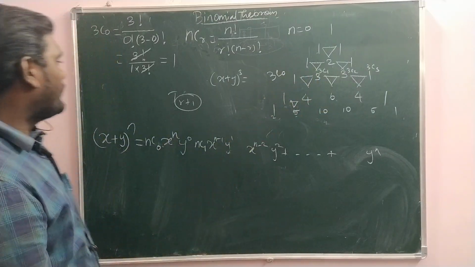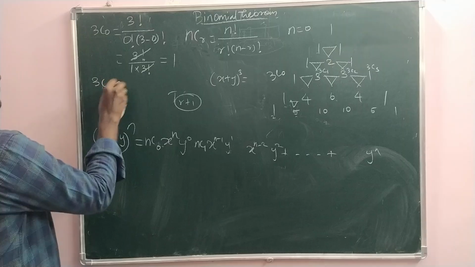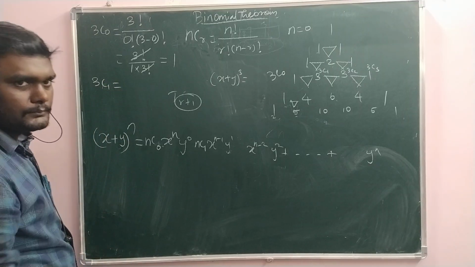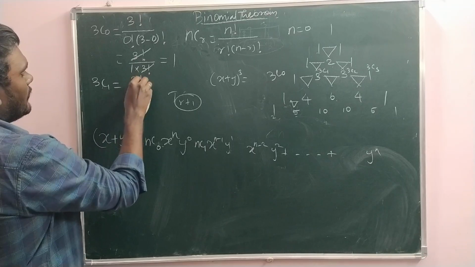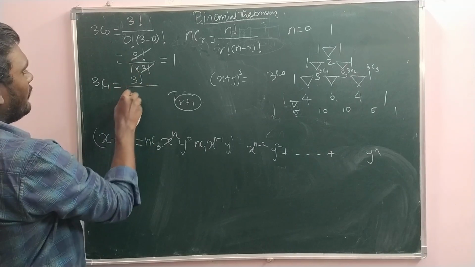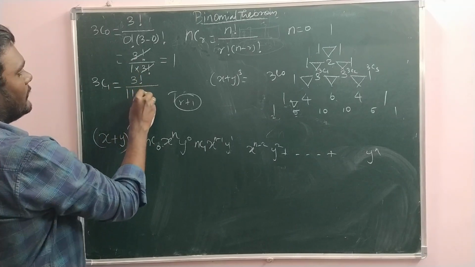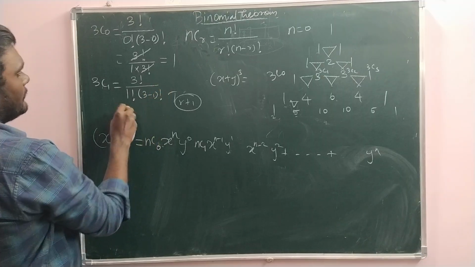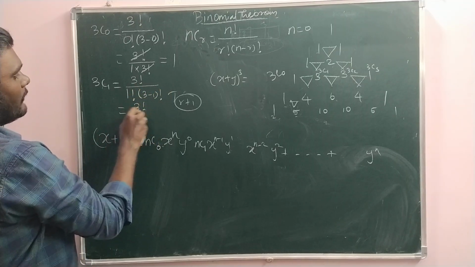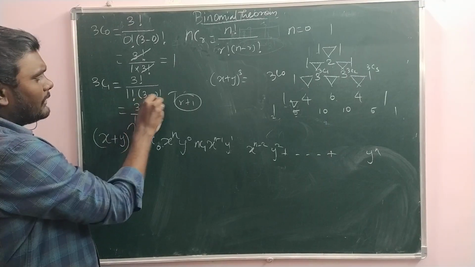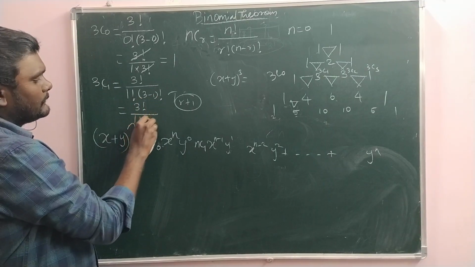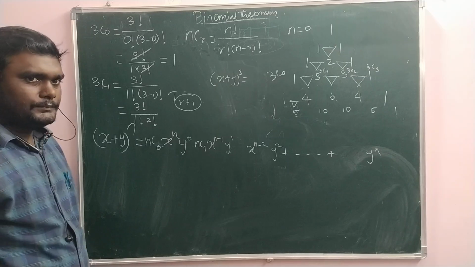Like 3C1, we will calculate. What will come? Same thing. 3 factorial by, instead of 0 factorial, we will be having 1 factorial into (3 minus 1) factorial. So we have 3 factorial by 1 factorial, means 1 only, and (3 minus 1) factorial, that is 2 factorial.